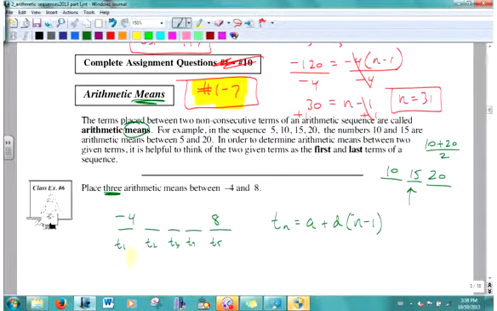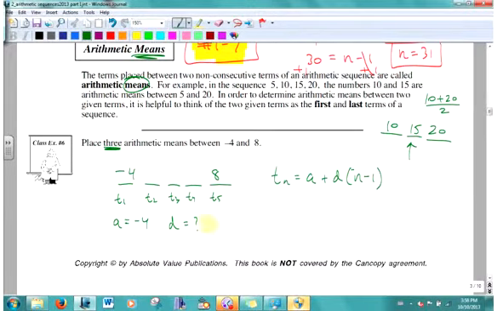Okay, what do I know? Well, A is -4. Do I know D? Well, I might be able to figure it out given enough time, but that's not the point here. We want to find D. But what else do I know? Well, I know the 5th term is 8, and that tells me what n is, right?